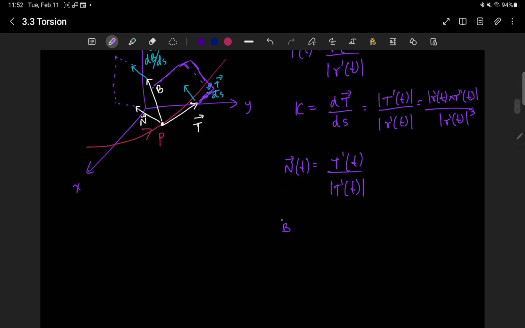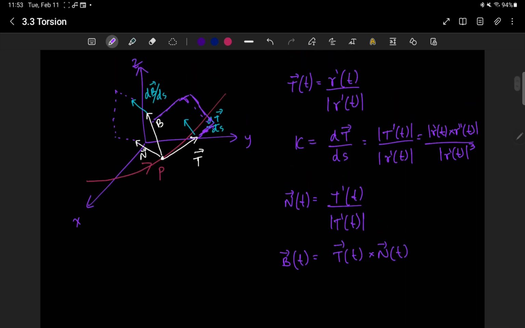Lastly, we defined a binormal vector, given by taking the cross product of the tangent vector and the normal vector. This points above here at 90 degrees to both the normal and the tangent vector, by definition of it being a cross product. And this B also forms a plane with the normal vector.